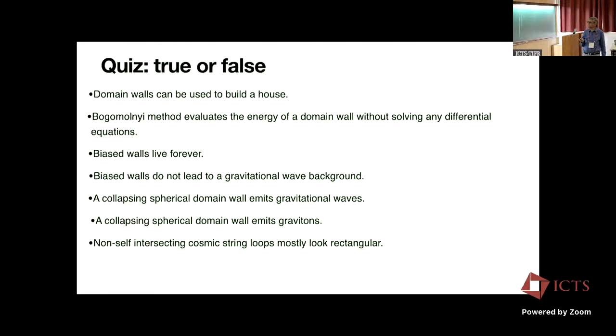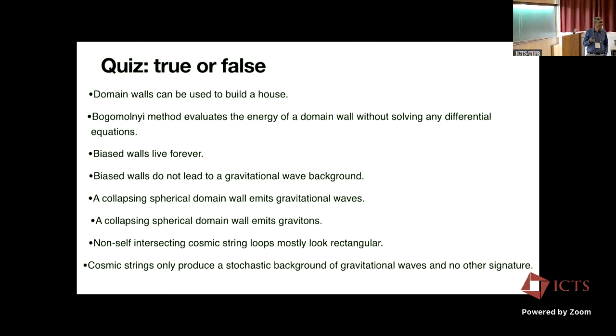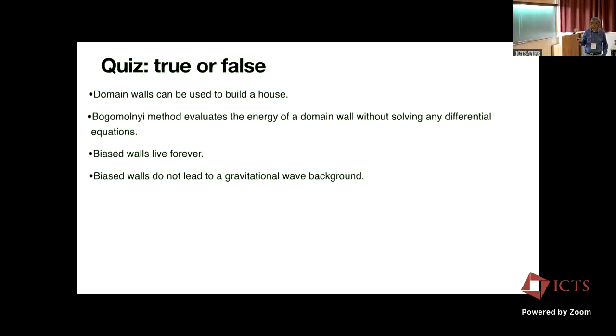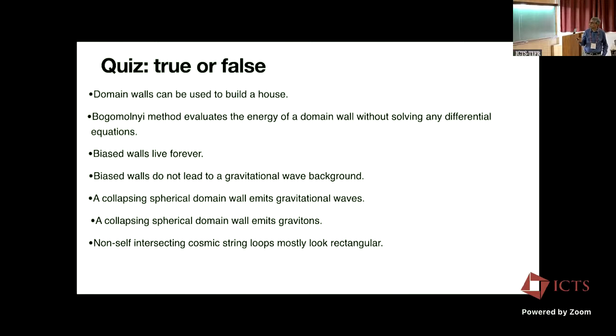Non-self-intersecting cosmic string loops mostly look rectangular. True, you saw that animation. Non-self-intersecting means loops that don't self-intersect.